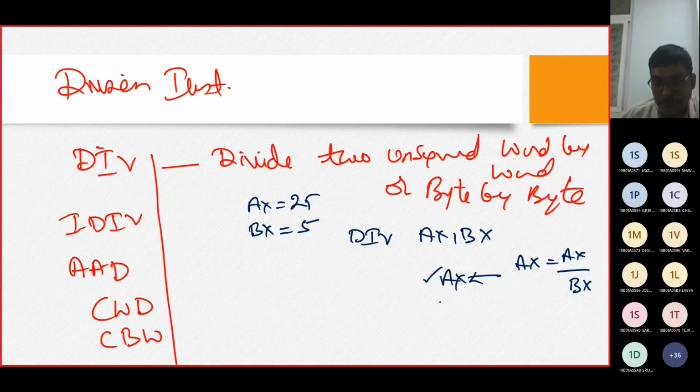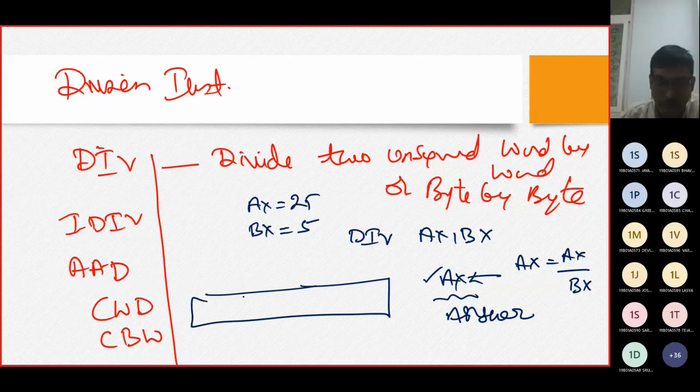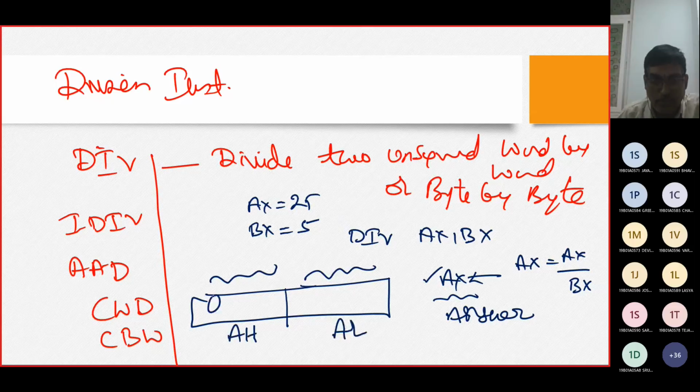We are going to get the answer into this AX. In AH we will have the remainder, and in AL we will have the quotient.